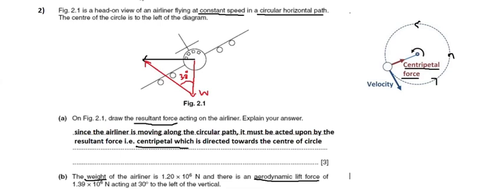Here you can see this is the triangle law, because this is the tail of the weight vector and this is the head of the weight vector, and the second aerodynamic lift vector is going from this point to this point. So this is the tail of the second vector, and this is the head of the second vector. We are connecting tail and head, and that's why it is the triangle law.